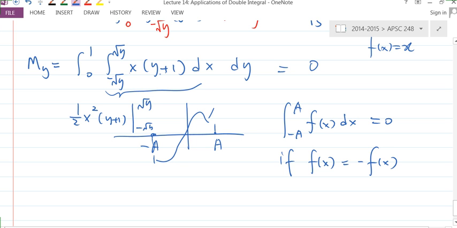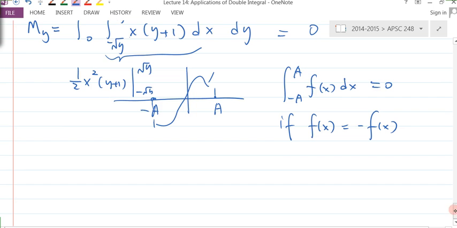It's just a note though. Okay, so you can do the same thing for mx, which is y times the density function, y times y plus 1, dx dy. Maybe I'll do dy dx in this case.